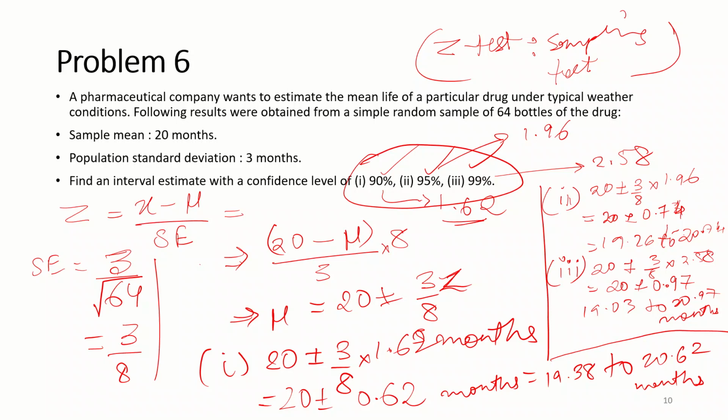Sir, that means finally, in this question, the interval estimate means we are finding out the population mean basically. Mean is actually one value. You can't find a population. No, the interval estimate will be the values from the mean under the curve.